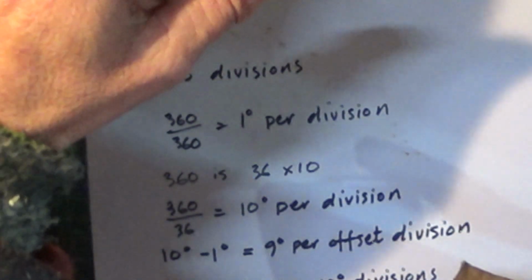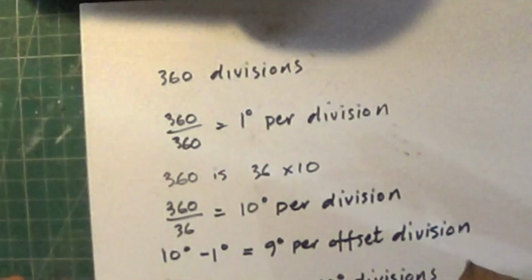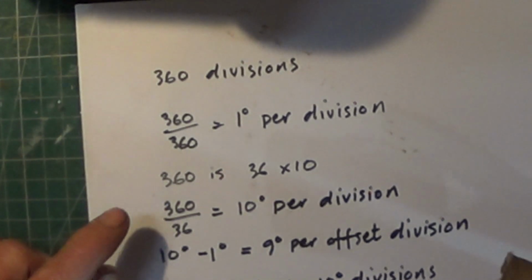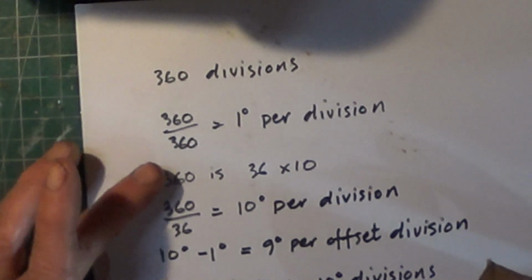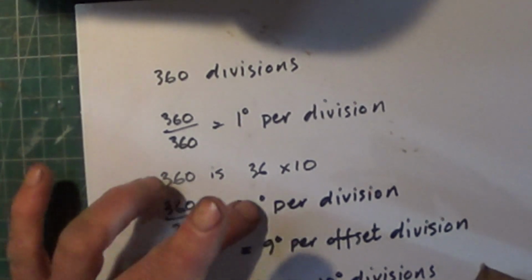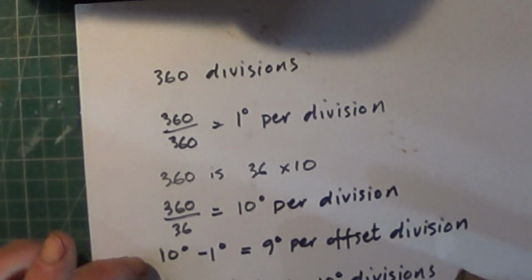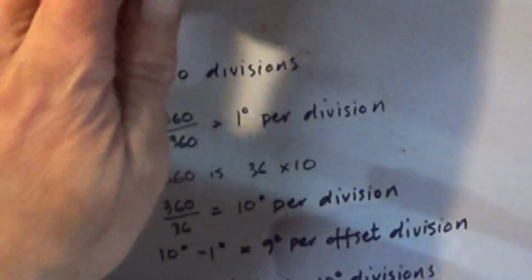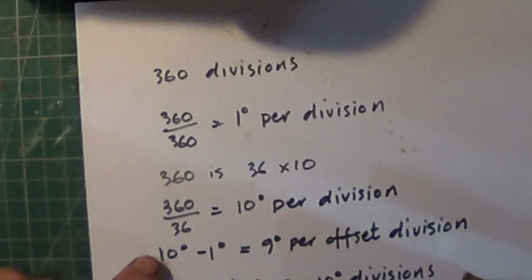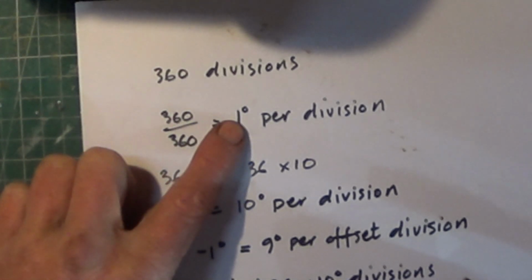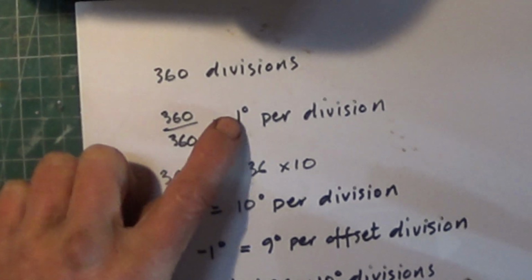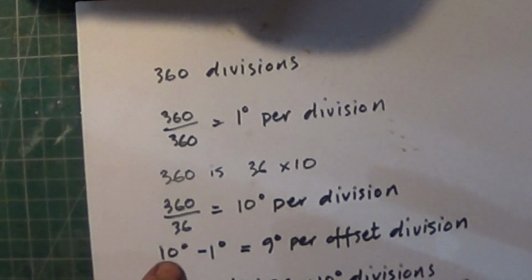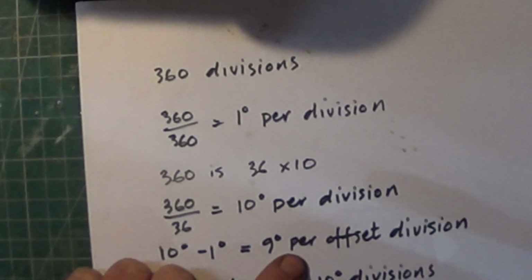Now, to calculate the size of the divisions for the offset, first let's deal with the main plate, which is easy. It's 360 over 36, 10 degrees per division. For the offset, which is the back plate, the fixed plate divisions, you just take 1 degree off the 10 degrees, so you get 9 degrees.